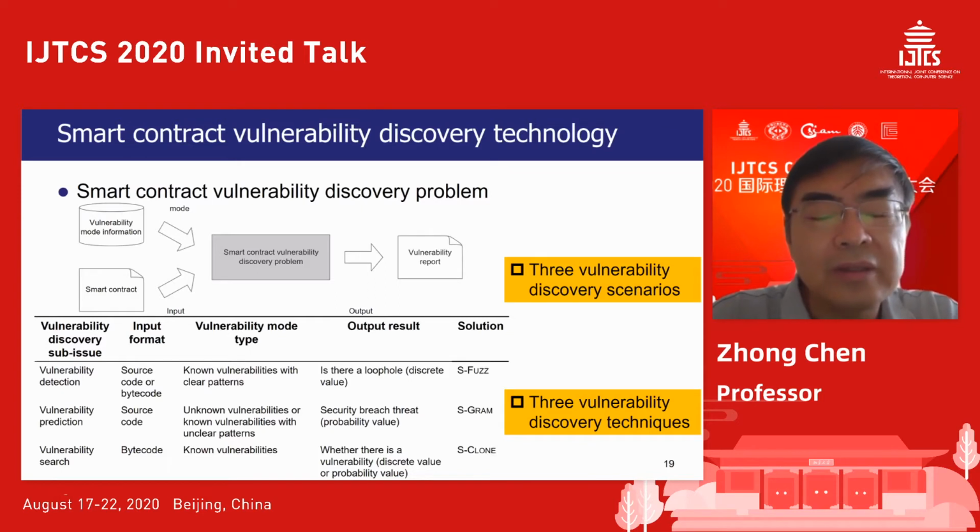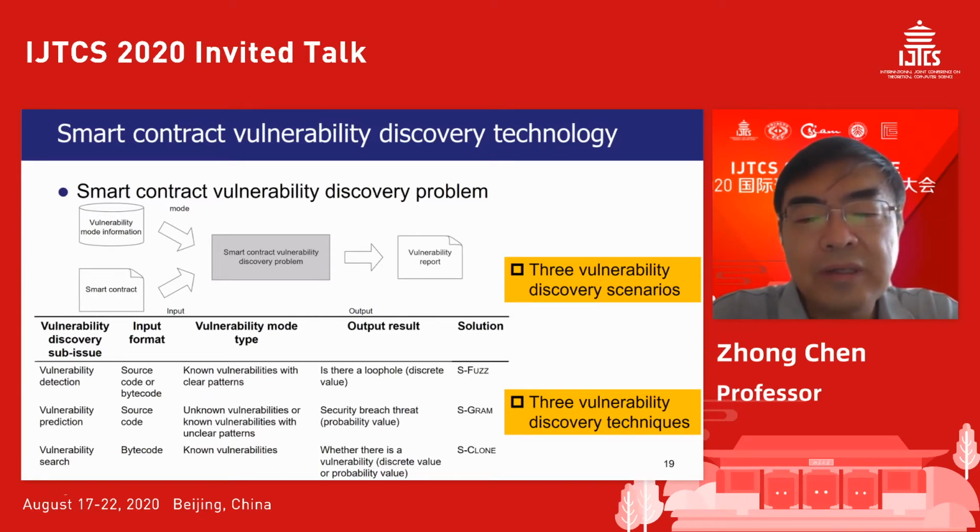For detection, the input is the source code or the bytecode of the smart contract. The vulnerability mode type is a known vulnerability with a clear pattern.